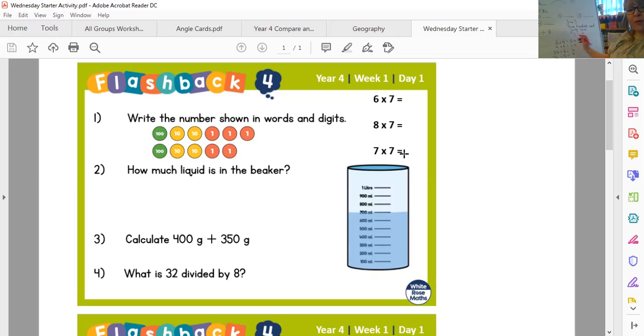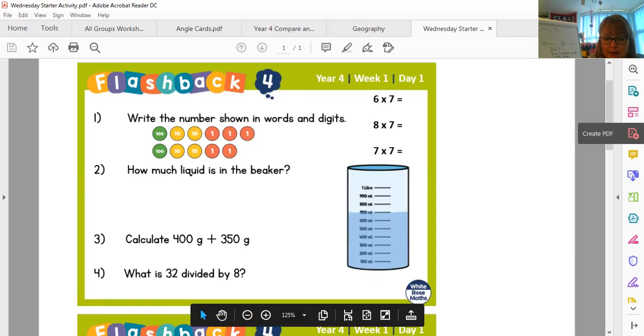Okay, so you're going to be writing that as 200 and 45, remembering the hyphen.